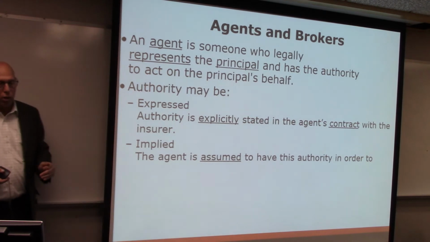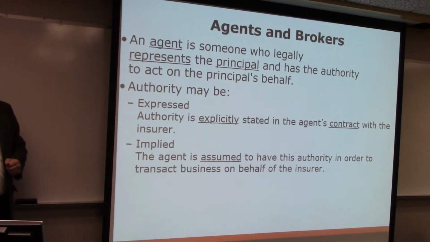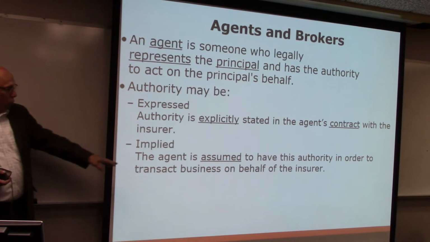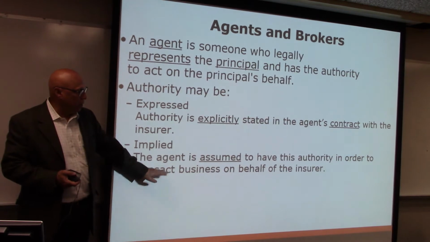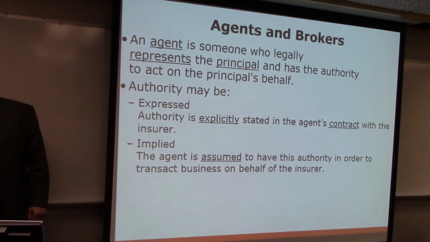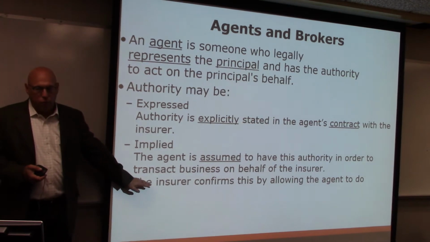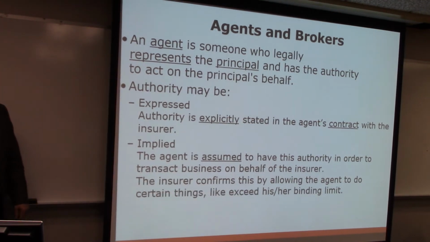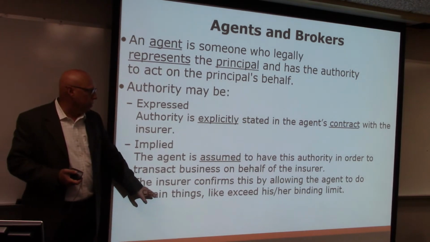Implied means the agent is assumed by the customer to have this authority in order to transact business on behalf of the insurer. The insurer confirms this by allowing the agent to do things like exceed the binding limit.